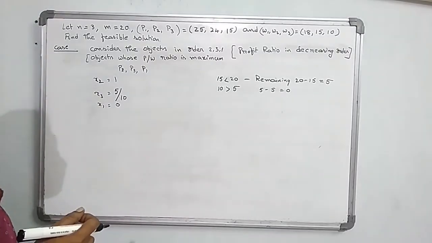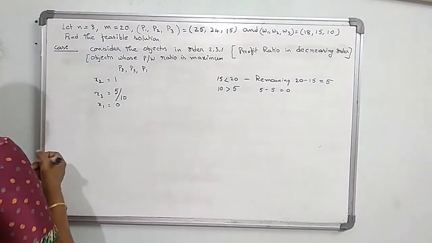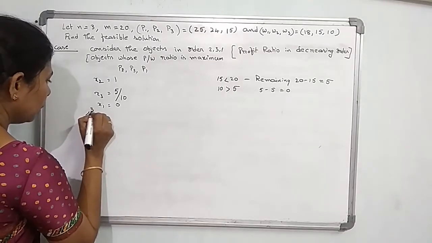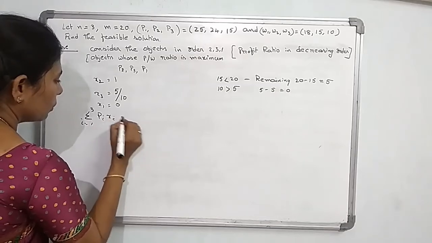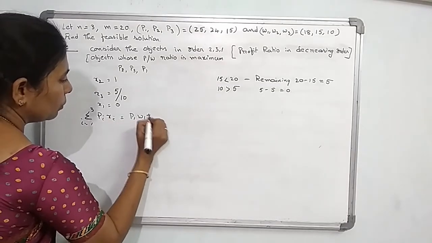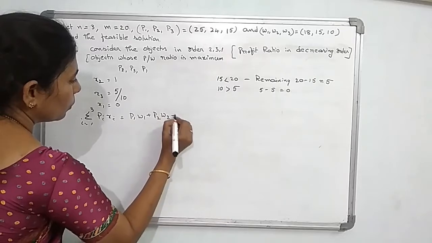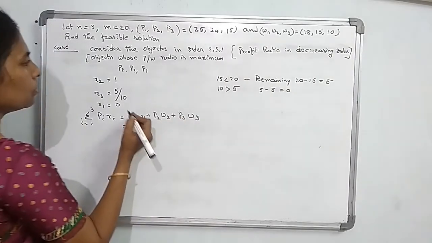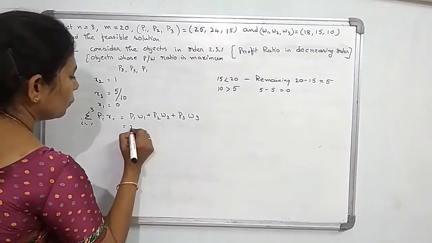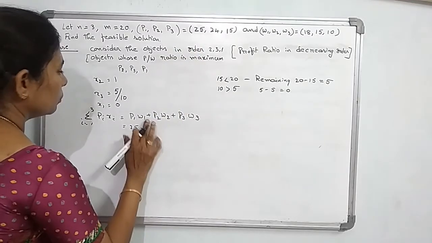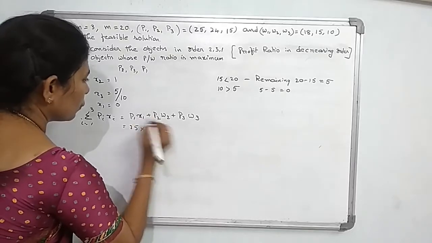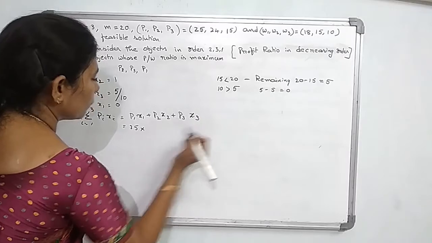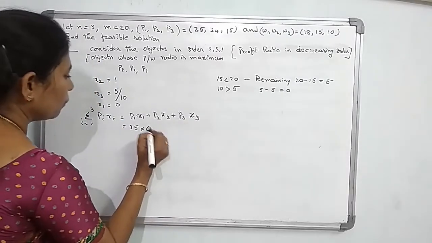Okay, now we can find the sum of PiXi, sigma i equal to 1 to 3 PiXi. That means P1X1 plus P2X2 plus P3X3. P1 value is 25 and x1 value is 0.